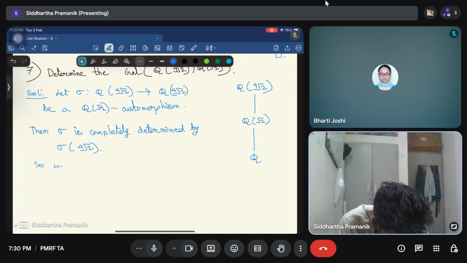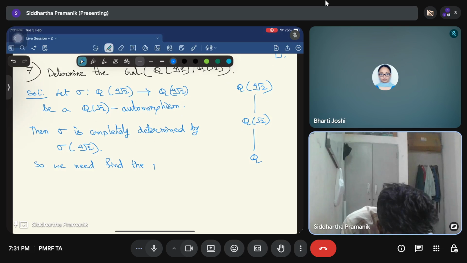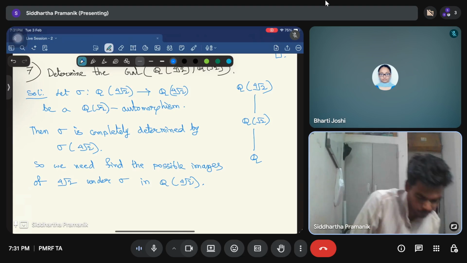So we need to explicitly find the possible images of this under sigma in Q fourth root 2. How to find this?